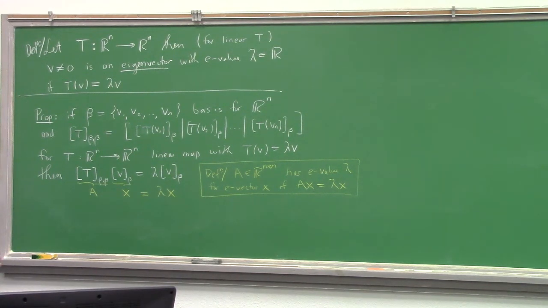All right. So often what's done is you just pick a basis and you find the eigenvalues and eigenvectors for the underlying matrix. And then from that, you extrapolate back what happened for the mapping. That's the approach. Okay?